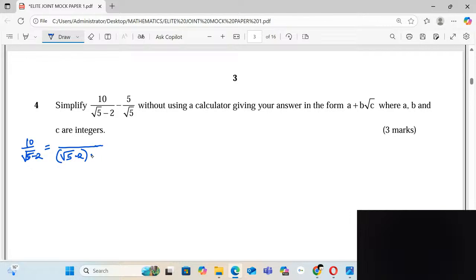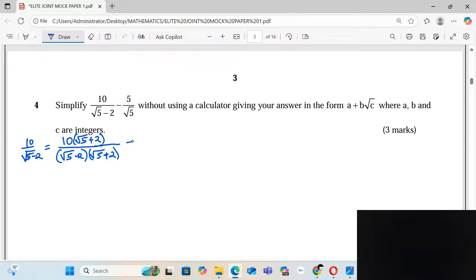Then you multiply by root 5 plus 2. Then this one goes there once, that is the root 5 times 10. So we shall have 10 root 5 plus 2.